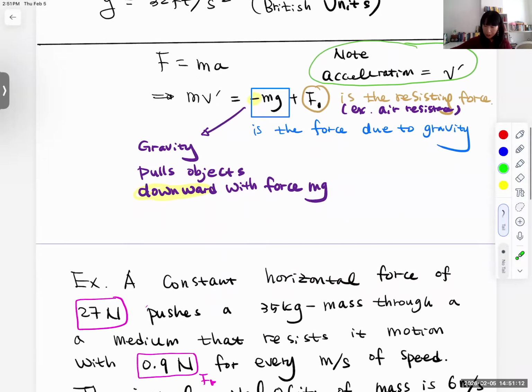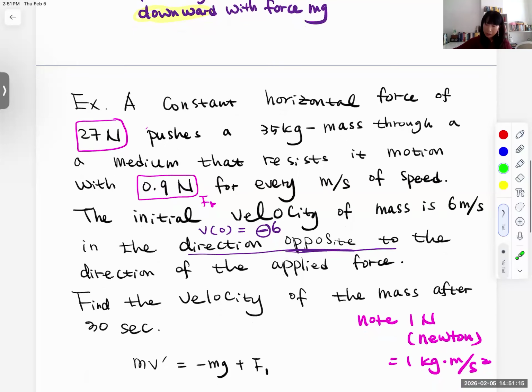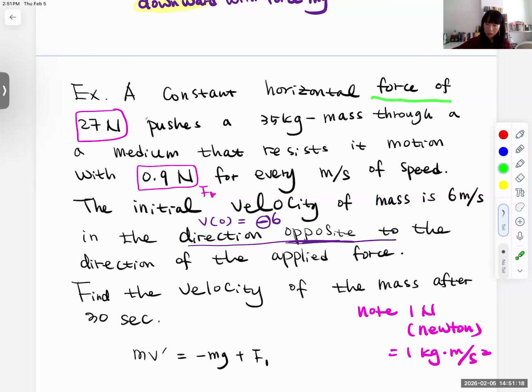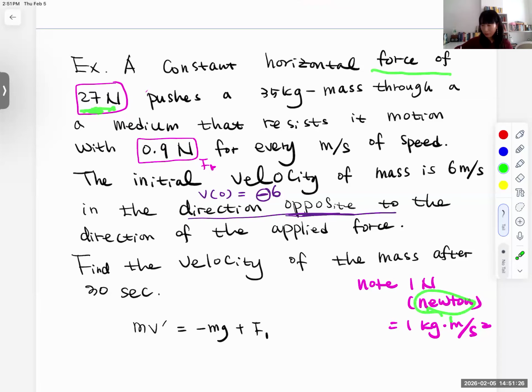Now let us do one question. We have a constant horizontal force of 27 N. What is N? N is a unit we call Newton. It is 1 kilogram times meter per second squared. Notice the unit: m is in kilograms and a, the acceleration, is in meters per second squared by SI unit.